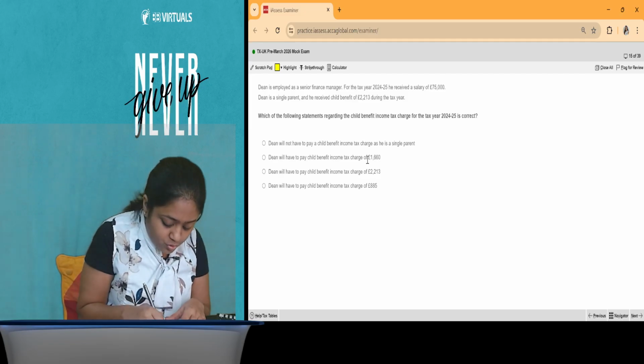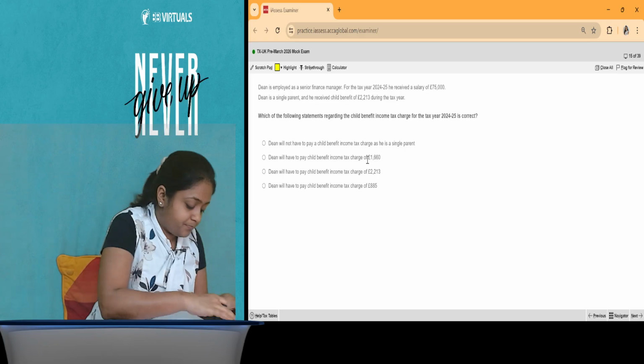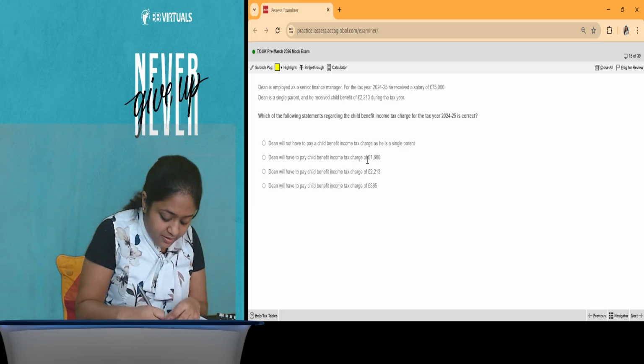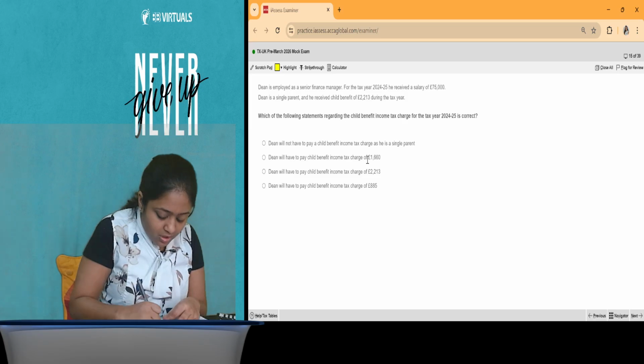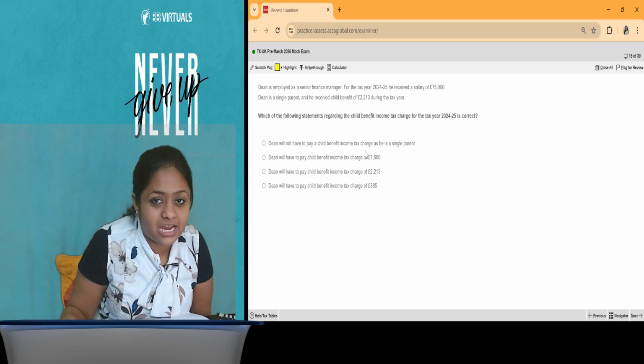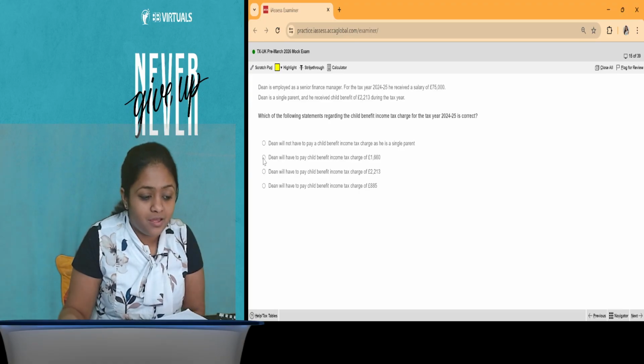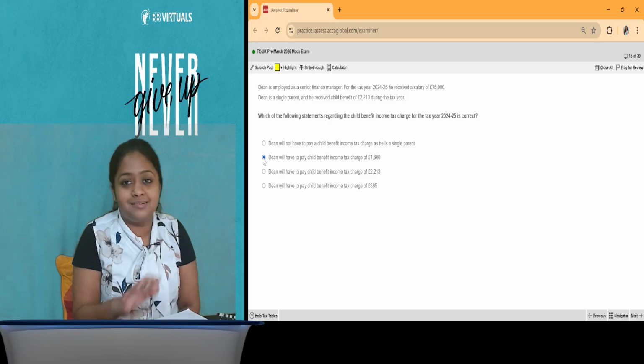So that will be 2213 multiplied by 75%, which is 1659.75. That is around 1660. So 1660 is my child benefit tax charge. Now let's see the option which gives me this answer: B. So my answer is B, done.